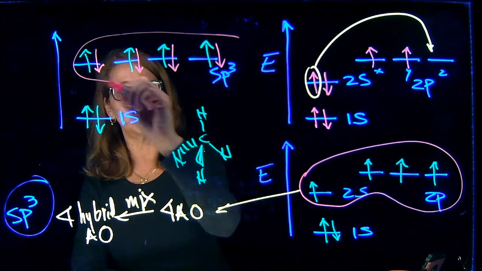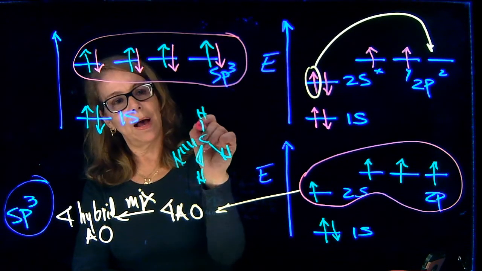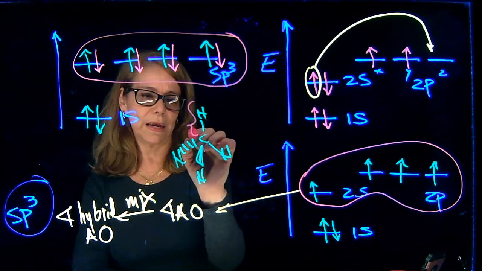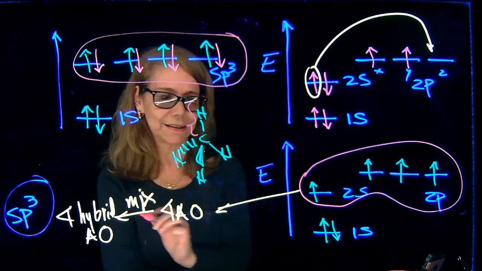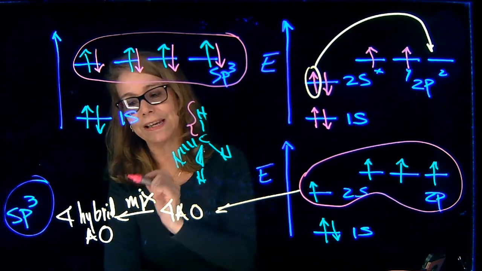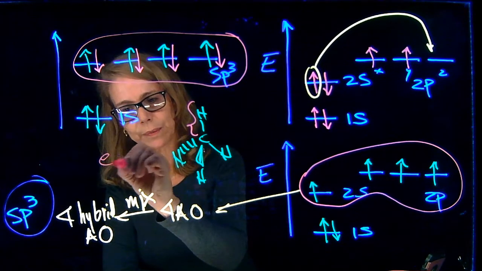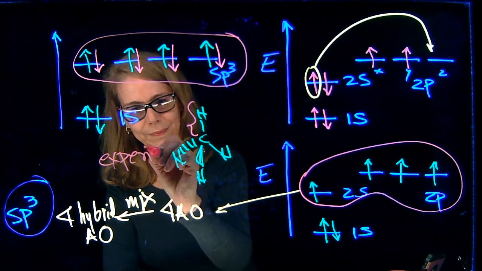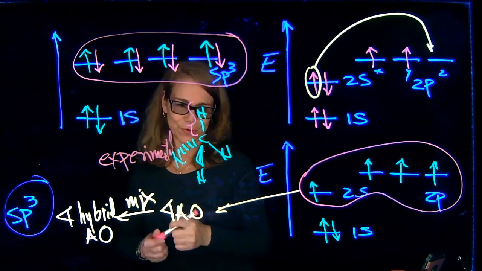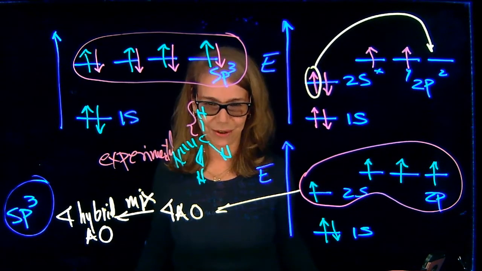All of those are identical, same level of energy, same geometry. So the length of all the bonds is identical, and the geometry is perfectly symmetrical. So the sp3 hybridization model reproduces the experiment. Experimentally we have this type of structure. Methane does exist. Okay, we're going to talk about other hybridization models in the next video.